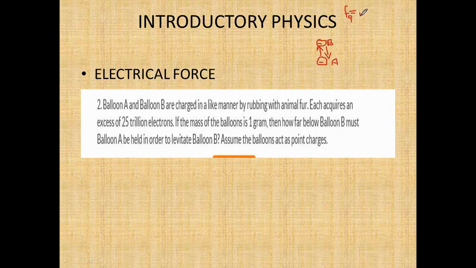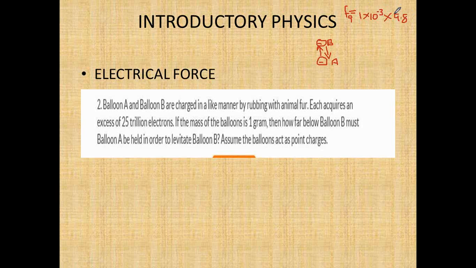1 times 10 to the minus 3 kilograms. Okay? And then the acceleration due to gravity is 9.8 meters per second squared. So this is the force due to gravity.